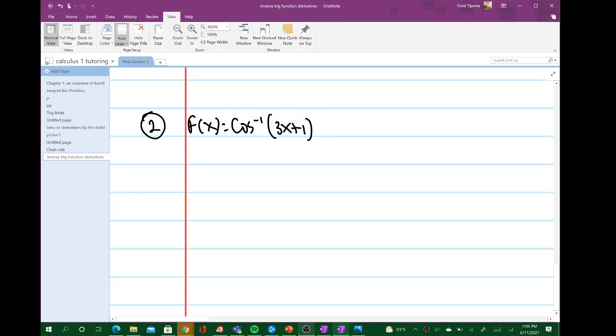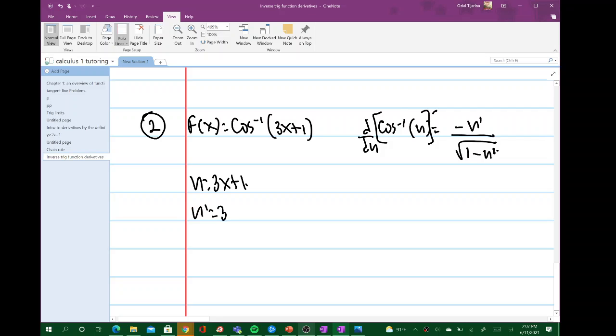Now, the derivative of cosine inverse of u is going to be negative u prime over the square root of 1 minus u squared. So u is defined as 3x plus 1, and u prime is 3.